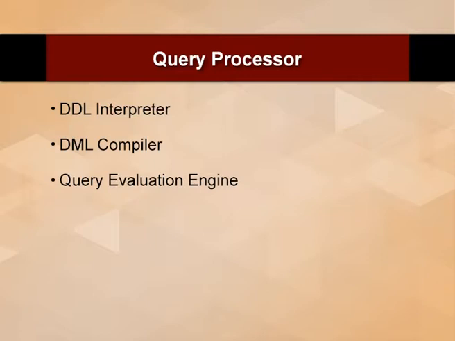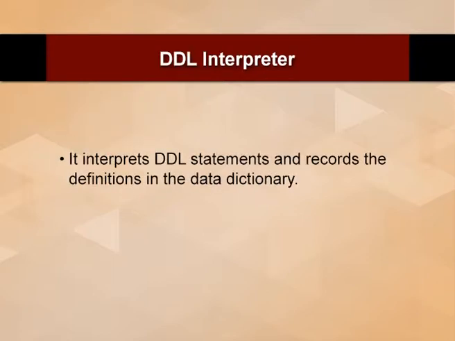We are using these DDL and DML just to tell you how this query processor handles these complicated things. The job of the DDL interpreter is that it interprets the DDL statements and records the definitions in the data dictionary. Normally, there are 4 types of statements for any DBMS SQL language.